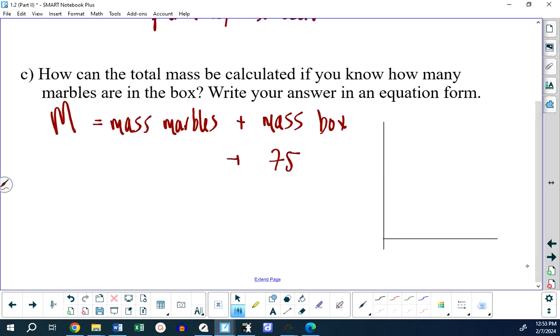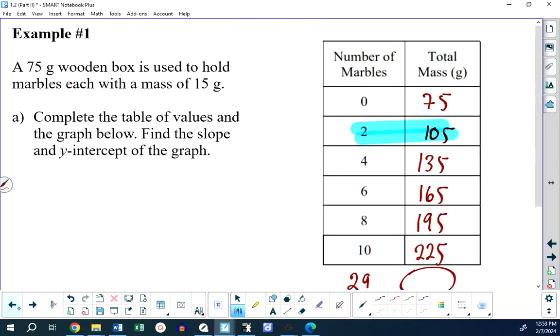What's the mass of the marbles? Just a second here. I'm asking you, what's the mass of any number of marbles? I'm not asking you for the mass of 1 marble or 2 or any number. How would you find the mass of any number of marbles? In other words, what if it was 29 marbles? What would you do to 29 to find the mass of 29 marbles?